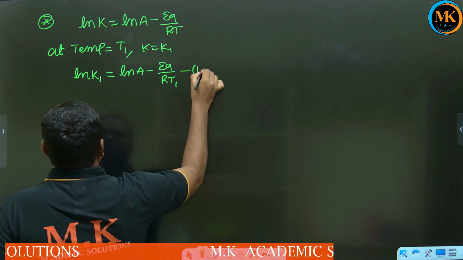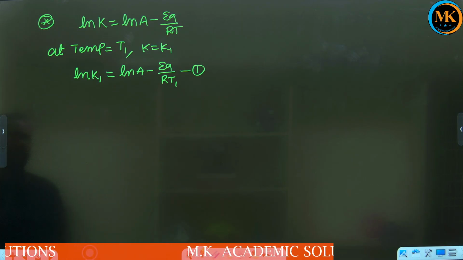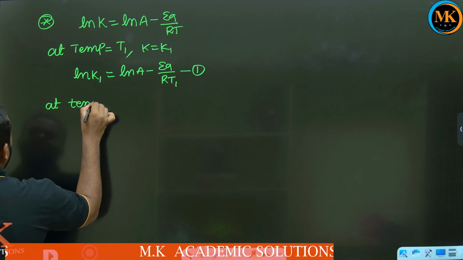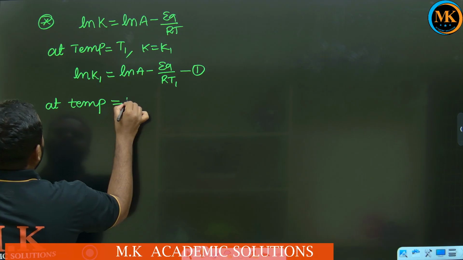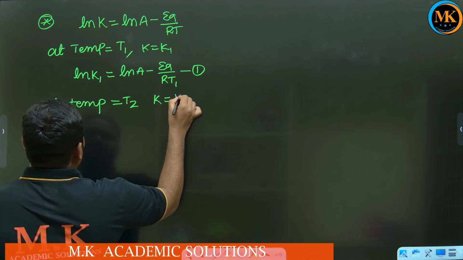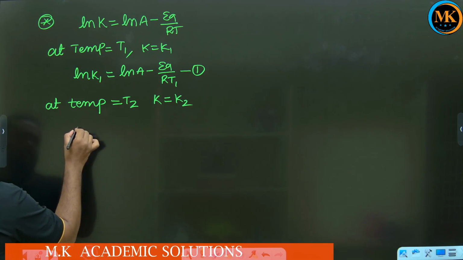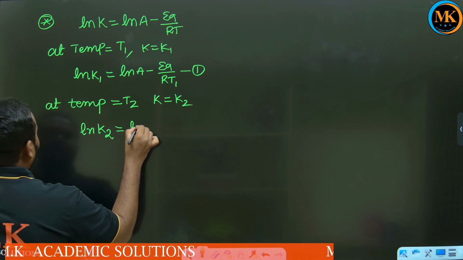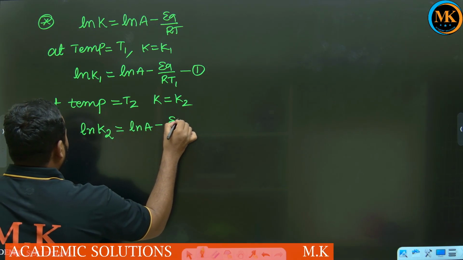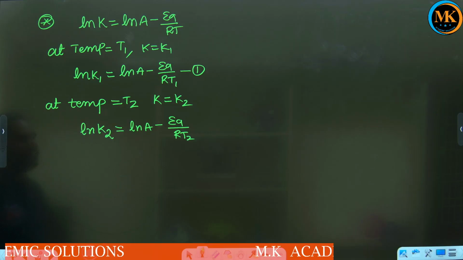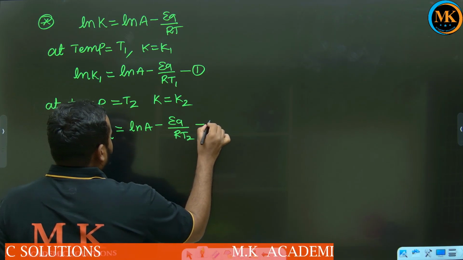Consider it as equation number 1. Okay, at temperature T2, K equal to K2, and what is the Arrhenius equation? We can write ln K2 equal to ln A minus Ea by RT2. Okay, consider it as equation number 2.